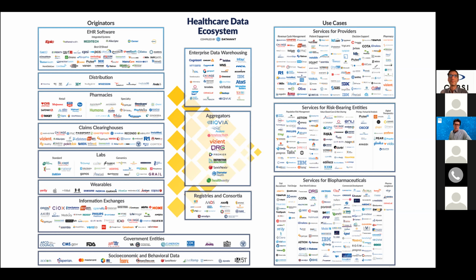The column on the right is organized by real-world data services, separated by the kind of customers: healthcare providers, risk-bearing organizations like insurance companies, and life sciences companies. So this is a compilation of all the organizations providing real-world data and analytic services to those organizations. And the middle represents some but not all of the major health data aggregators.